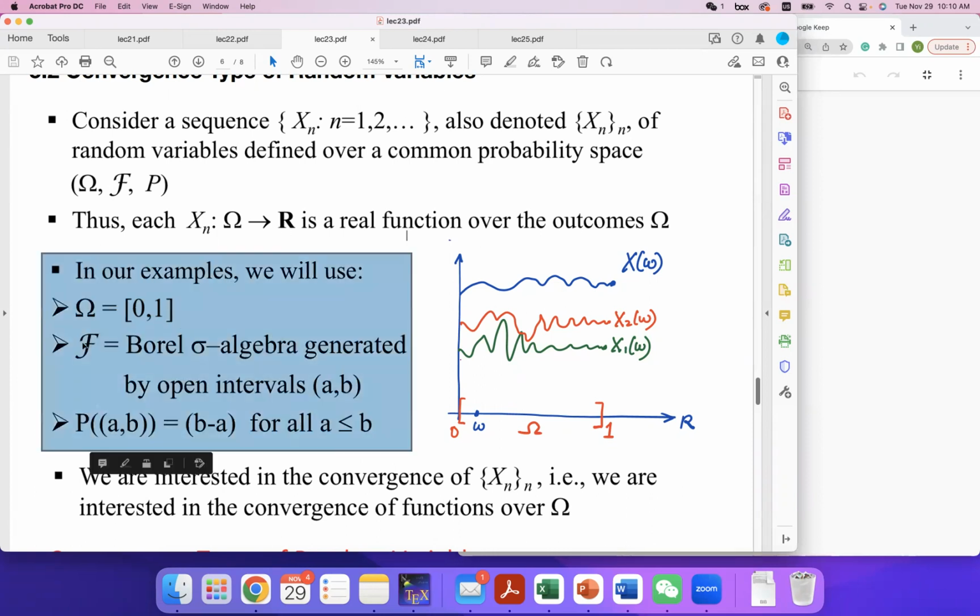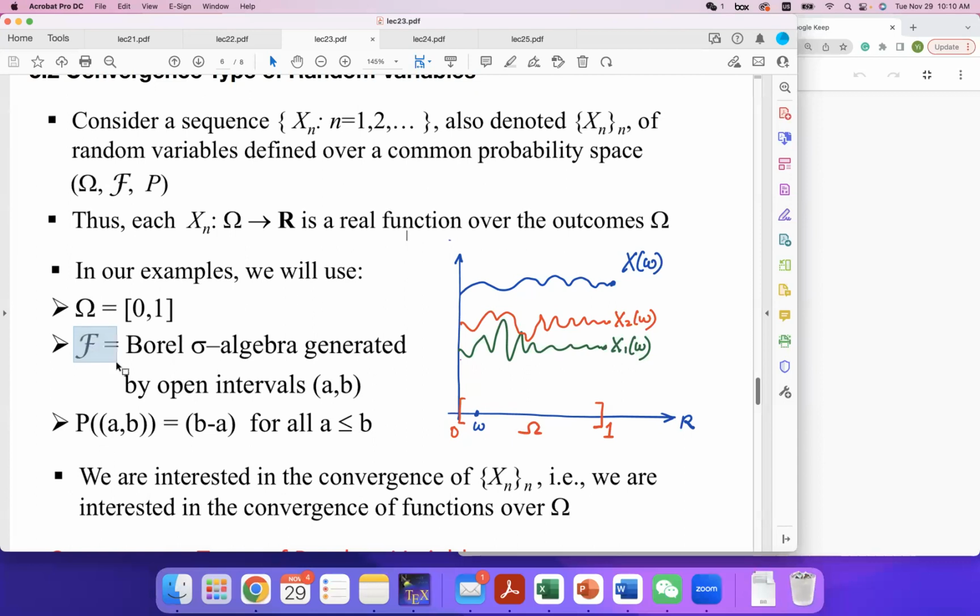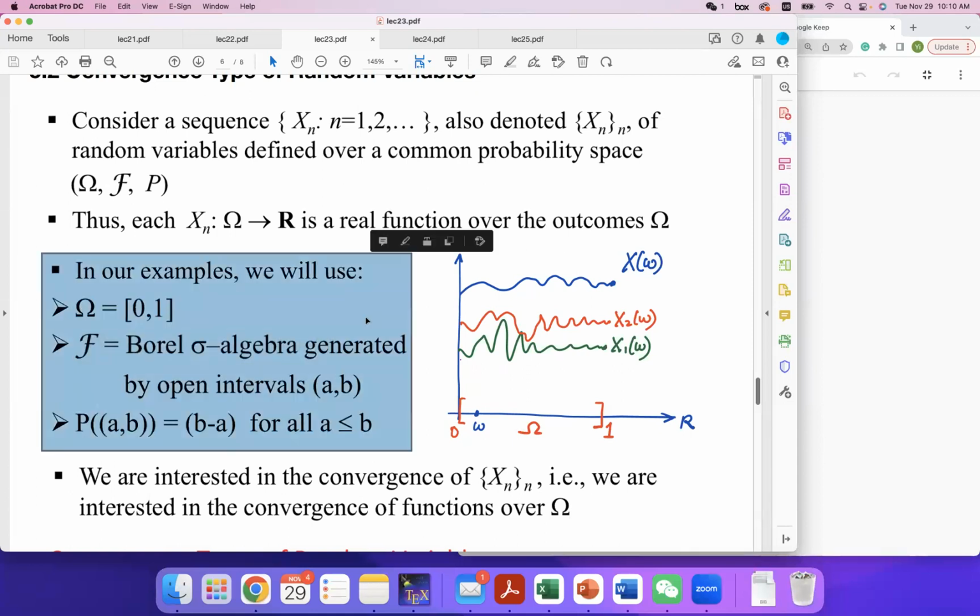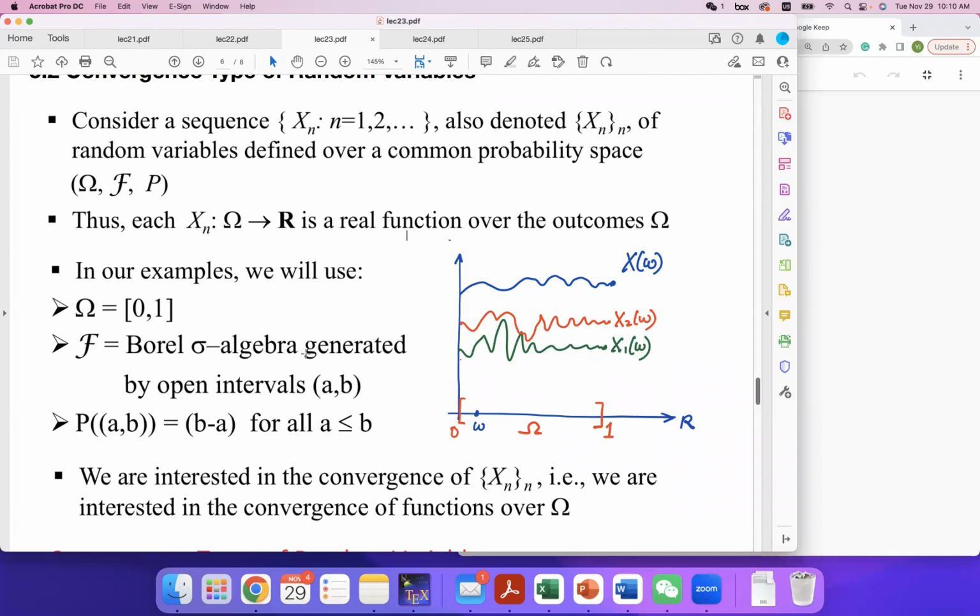The sigma field we are looking at is the Borel sigma field, generated by the countable unions, countable intersections, and complements of open intervals. The probability measure is that for any interval between a and b, the probability measure is simply b minus a. It's a very simple probability measure.